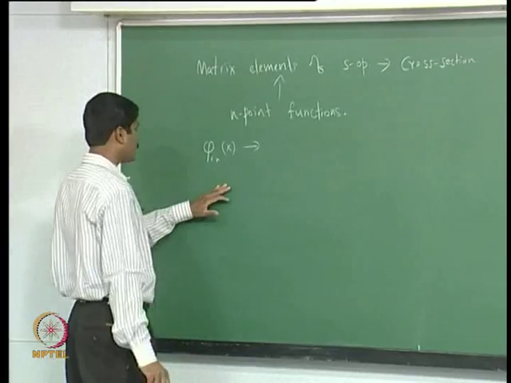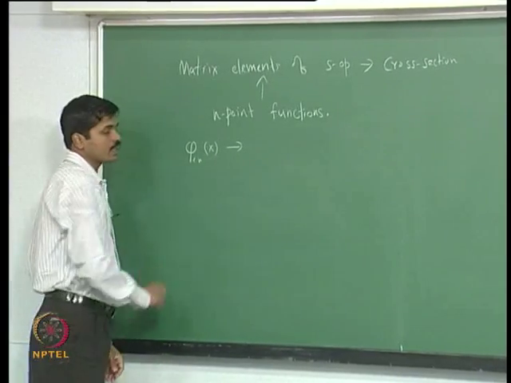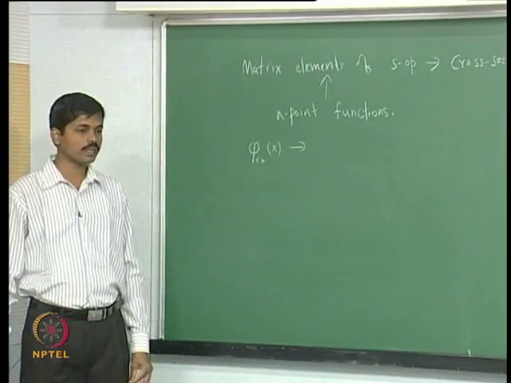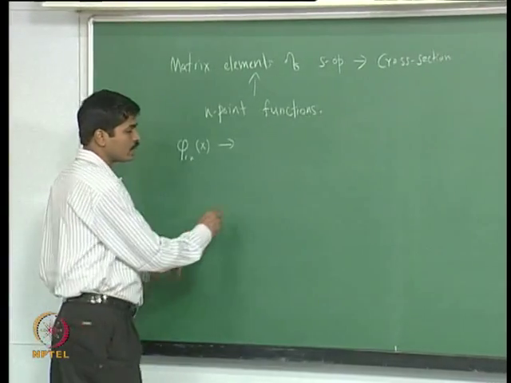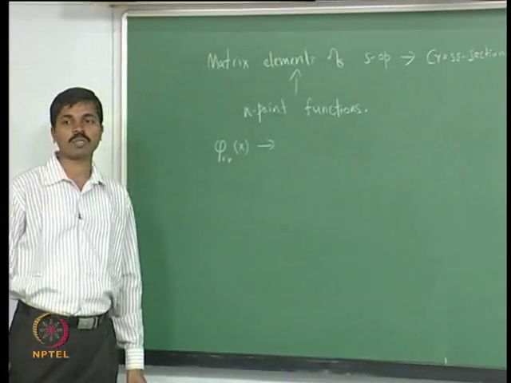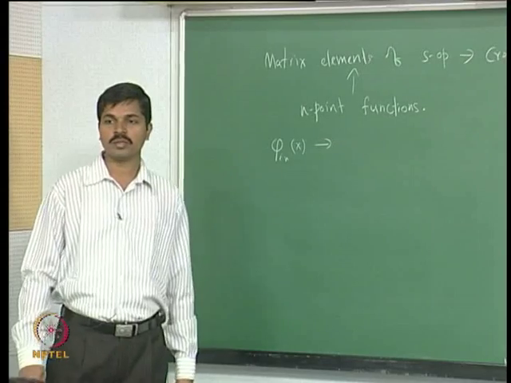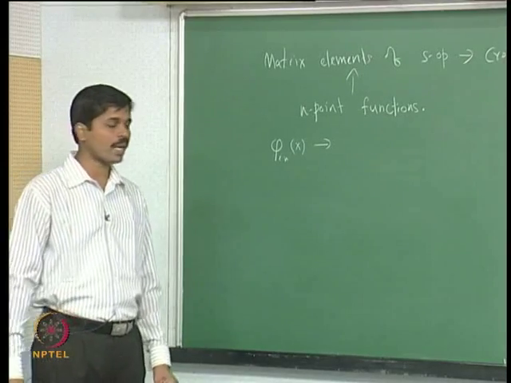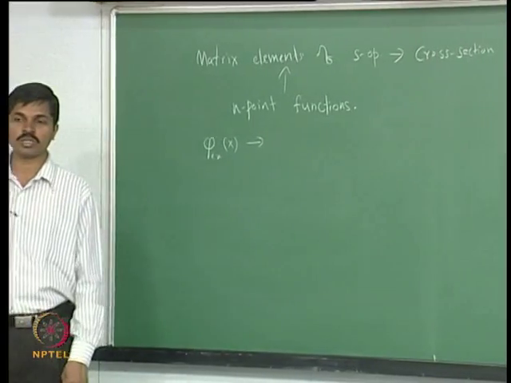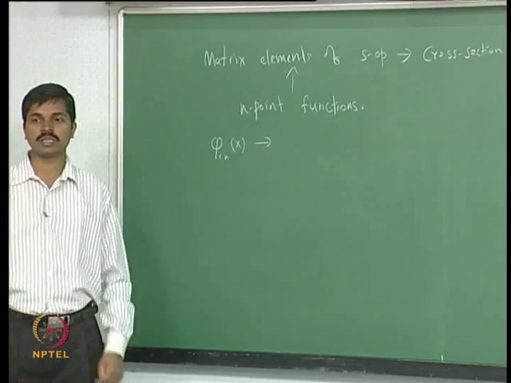Suppose you have a self-interacting theory. You assume that the interaction takes place at some finite time, but as t goes to minus infinity or plus infinity, the theory is essentially free.